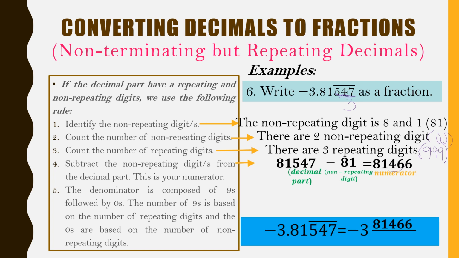And then we annex the number of repeating and the number of non-repeating digits. So we have 3 nines and 2 zeros. So the equivalent of this decimal is negative 3 and 81,466 over 99,900.